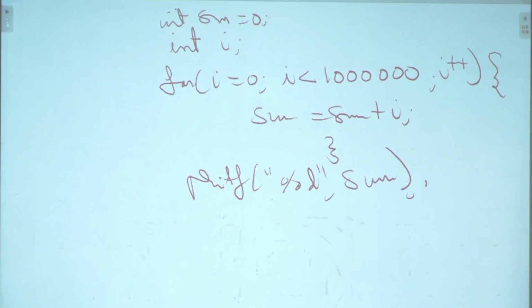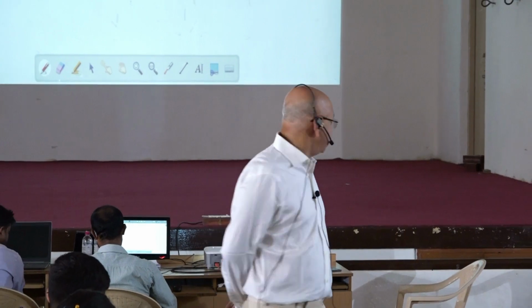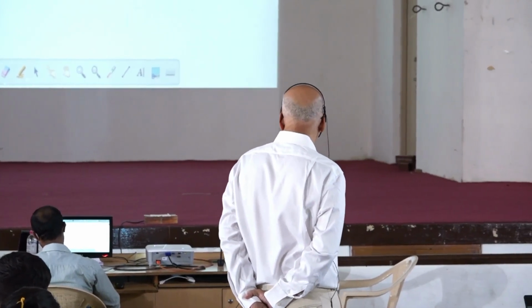Okay, let's say you have code like this, very trivial code. What am I doing? Nothing much. I'm just adding i to sum 1,000,000 times. Is it 1,000,000? Yeah, it's 1,000,000 times, right?